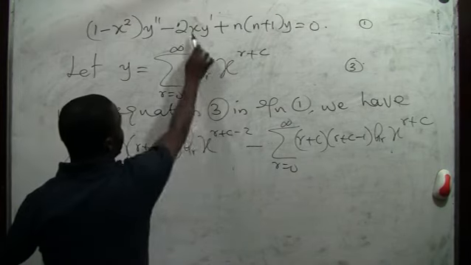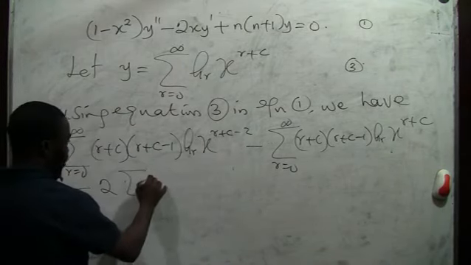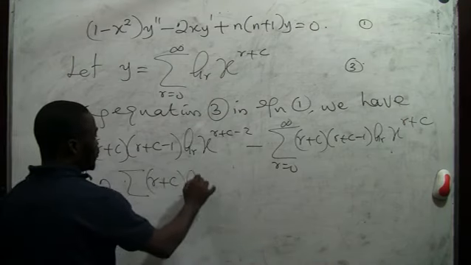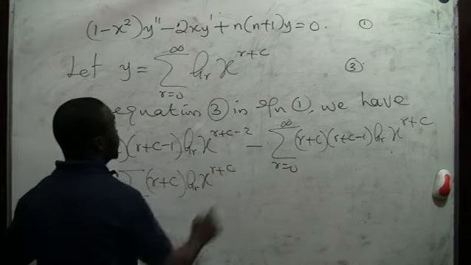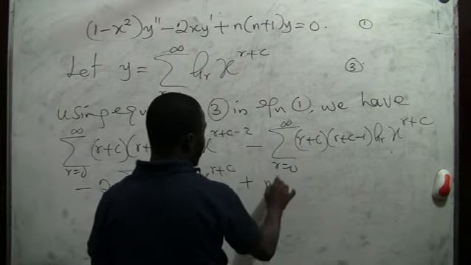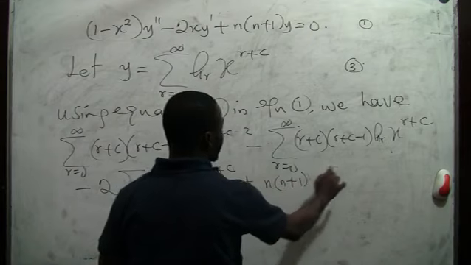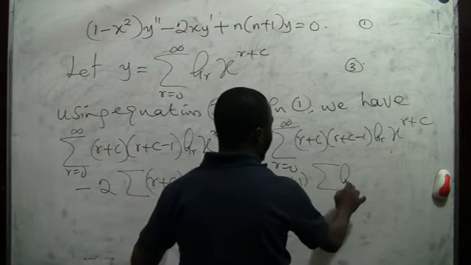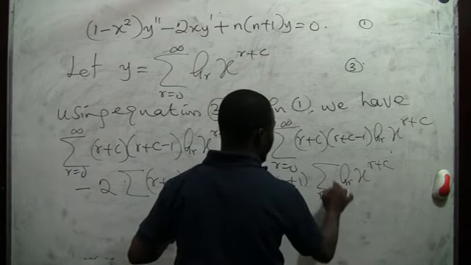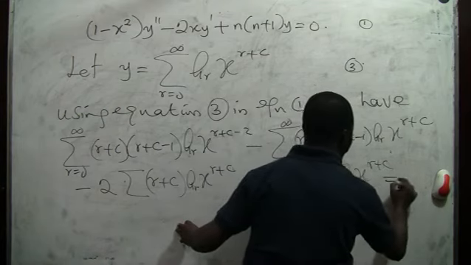Differentiate this once and multiply by x, we have (r plus c) a_r x to the power r plus c, plus n(n plus 1) times the summation of a_r x to the power r plus c, r from 0 to infinity, everything equals 0.